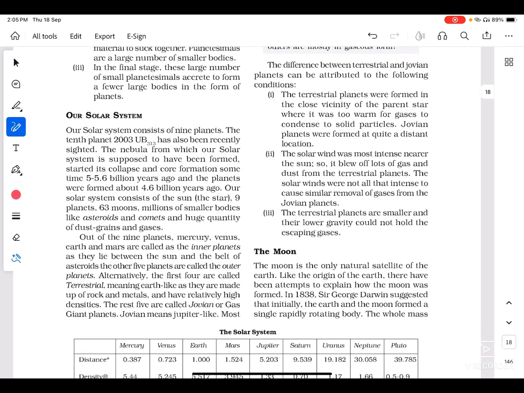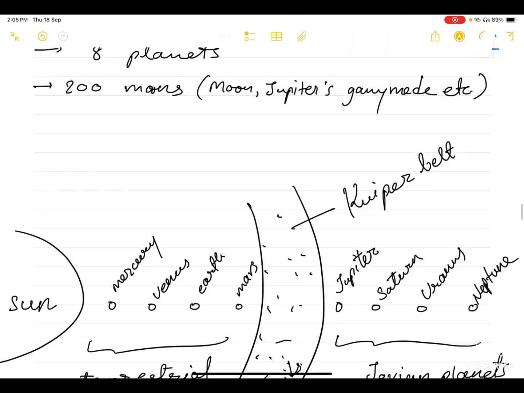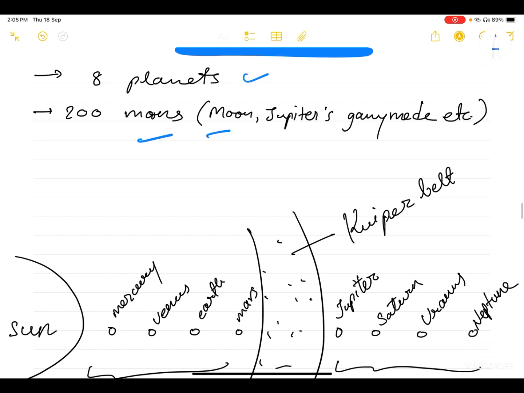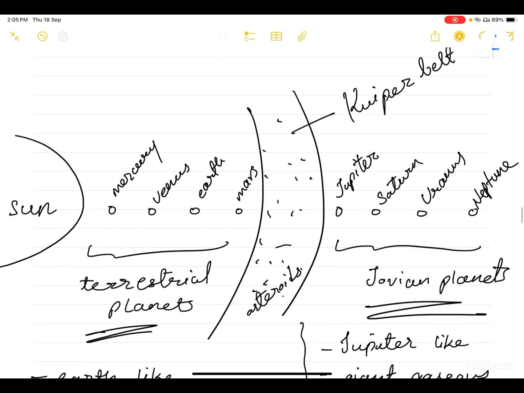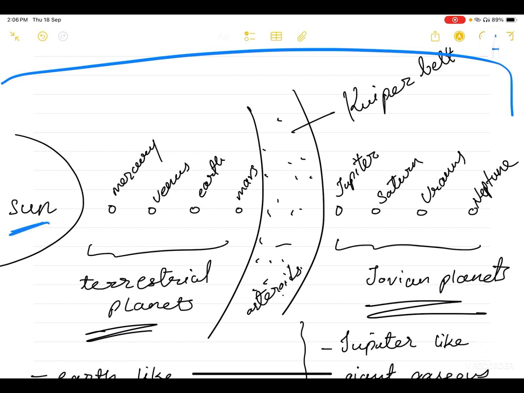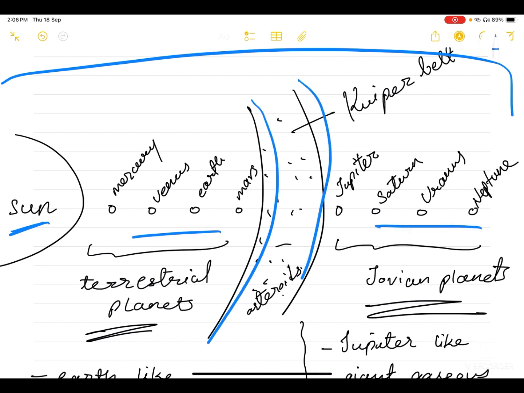Okay, so the solar system. Let's look into it. There are 8 planets in our solar system and more than 200 moons, for example Earth's moon, and Jupiter's largest moon, Ganymede, if I'm not wrong. Please look into the pronunciation if it is incorrect. Here is a visual diagram of our solar system. There is the Sun, then there are 8 planets, and there's a belt separating the first 4 planets from the last 4 planets.